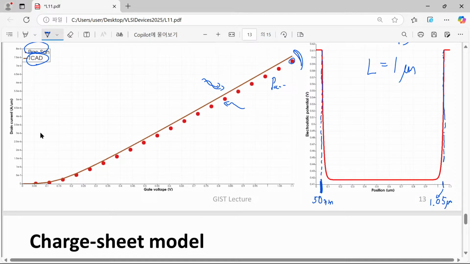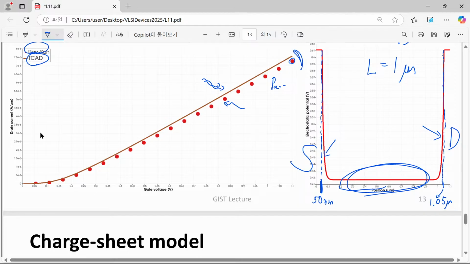And how does it look? Is this uniform or non-uniform? Of course, in the majority of our structure, the quantity looks quite uniform. However, here we have a source, and here we have a drain, and at the boundary between source and channel, and at the boundary between drain and channel, we have quite unexpected behavior of our electrostatic potential. What does it mean?